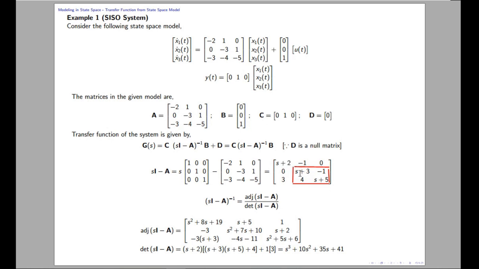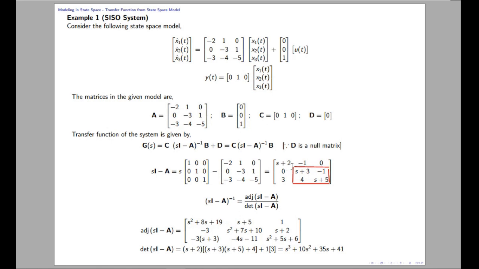The adjoint matrix will be the transpose of the cofactor matrix. So the cofactor of S plus 2 is S plus 3 into S plus 5 minus 4 into minus 1. If you multiply that and simplify, you will get S square plus 8S plus 19.